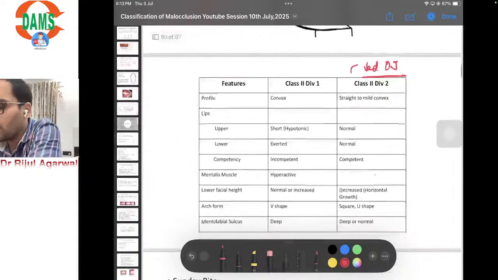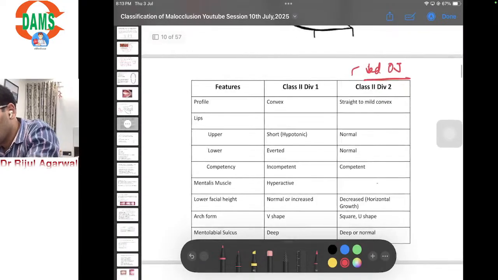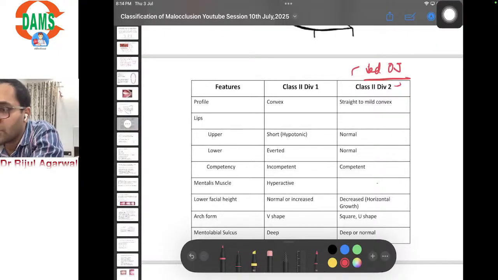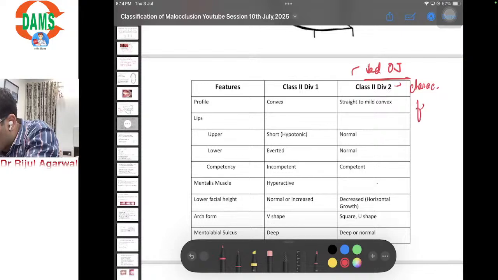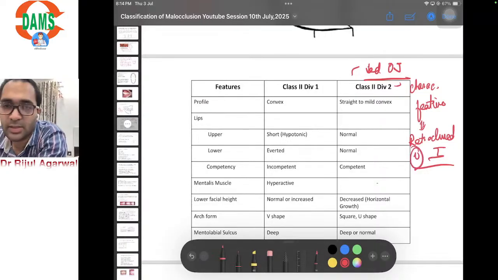Next comes the features of class 2 div 2. The most important thing about div 2 is its characteristic feature, which is retroclined incisors, more specifically the upper incisors.